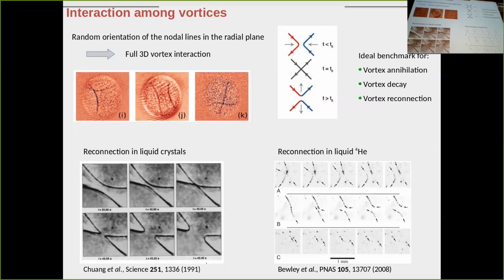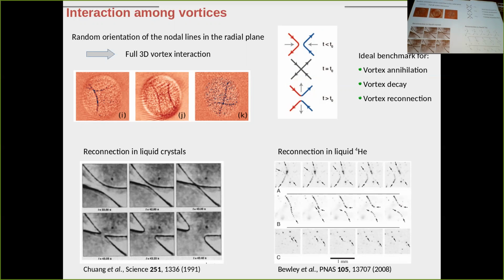Okay, so now we know that we can follow the dynamics of individual vortices. It would be nice to extend this method in order to study the interaction of vortices, because we realize here a platform where we can follow full 3D vortices.